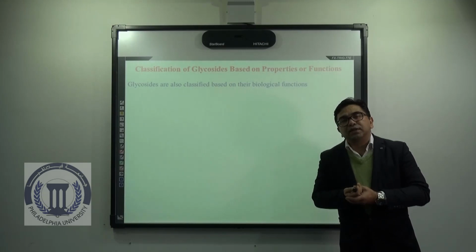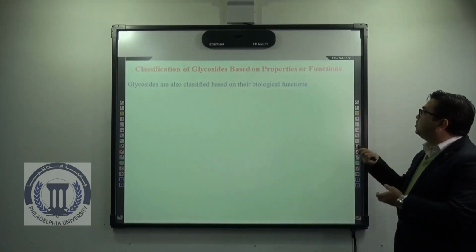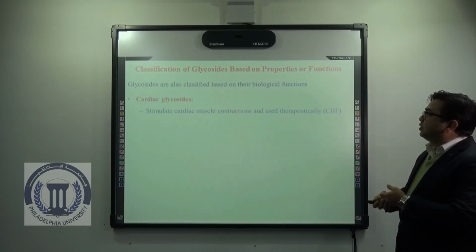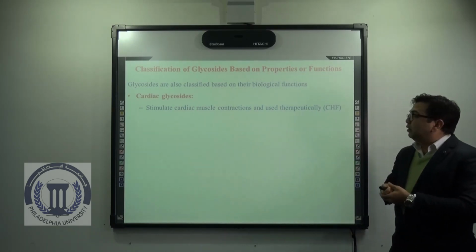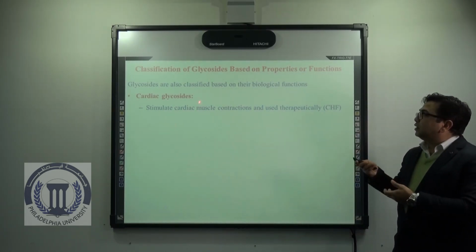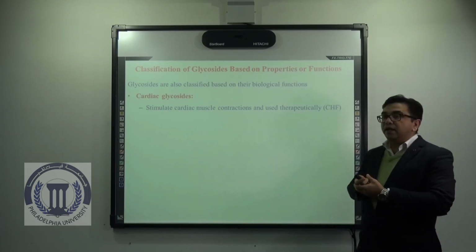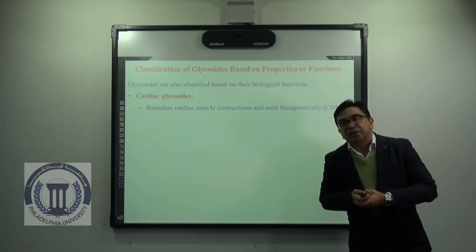Now coming to the last class of glycoside, that is classified based on their biological functions. First one is the most famous one, that is cardiac glycosides, where the glycosides under this class are found to have the ability to stimulate cardiac muscle contraction and are used therapeutically for the treatment of mainly congestive heart failure.